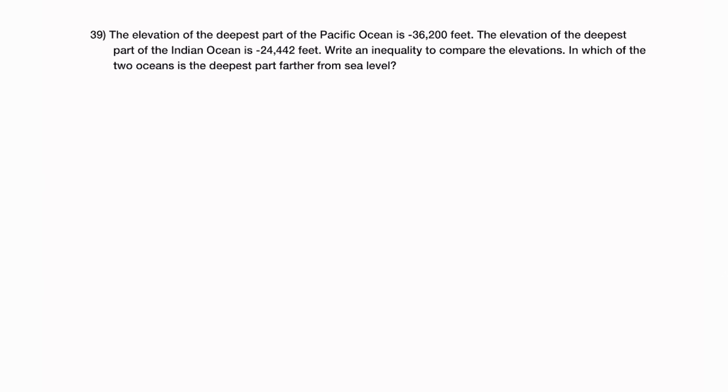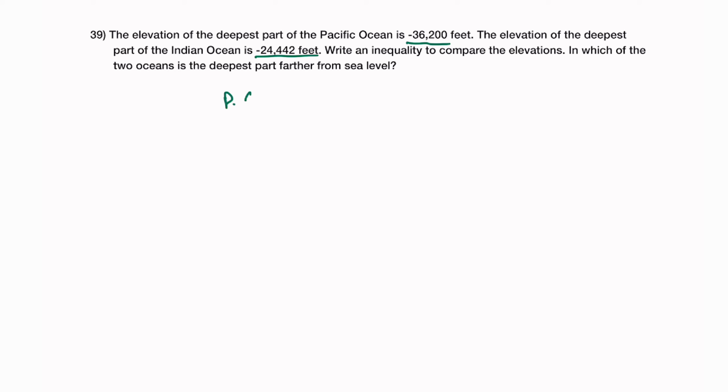The next one, word problem, our favorite story problem. The elevation of the deepest part of the Pacific Ocean is minus 36,200 feet. The elevation of the deepest part of the Indian Ocean is minus 24,442 feet.